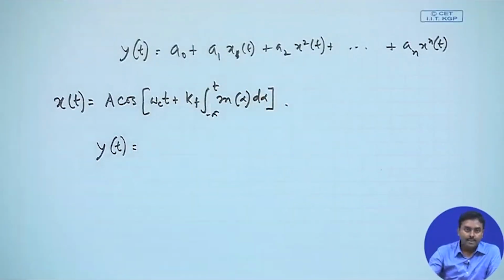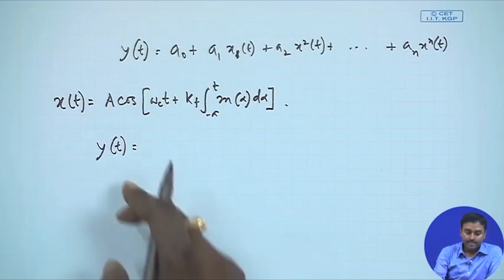Okay. So, if I just put this x(t), what will be my y(t)? This is something we have just done for our direct modulation, right. So, what will happen if I just put it over here?